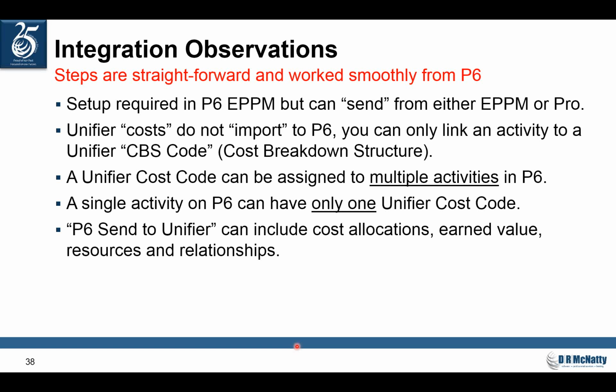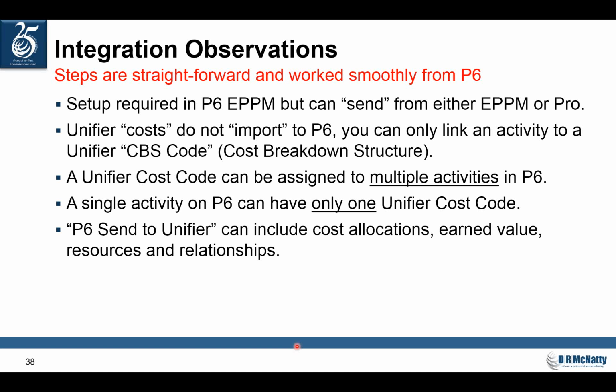A Unifier cost code can be assigned to multiple activities in P6, and then what you would have to do in Unifier is allocate, probably on a percentage basis, what the distribution of that cost is. A single activity in P6 can have only one Unifier cost code.